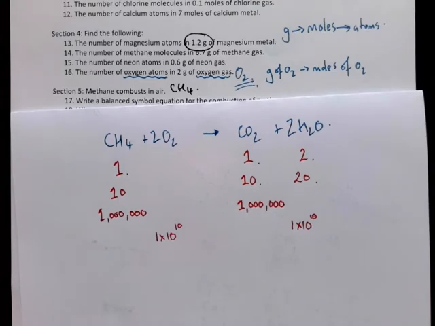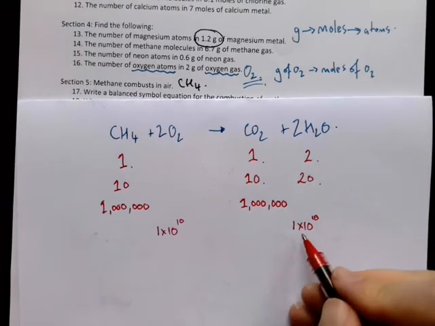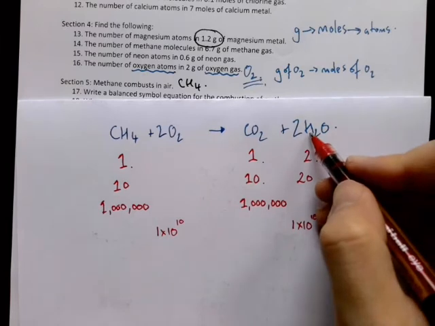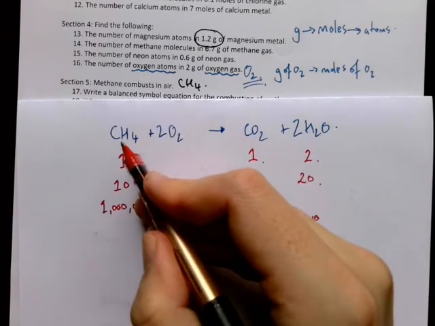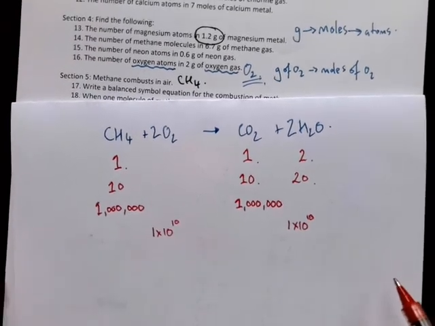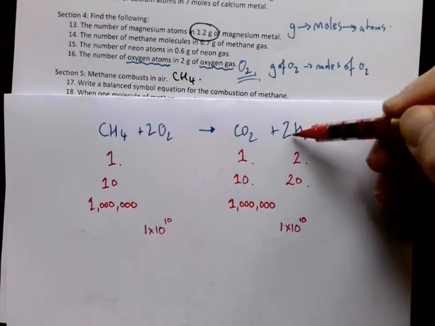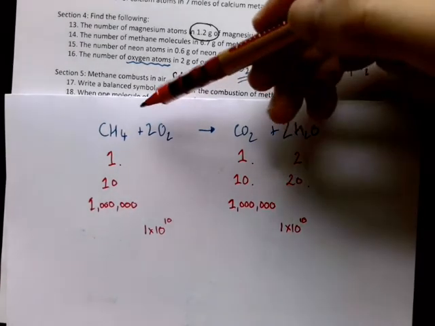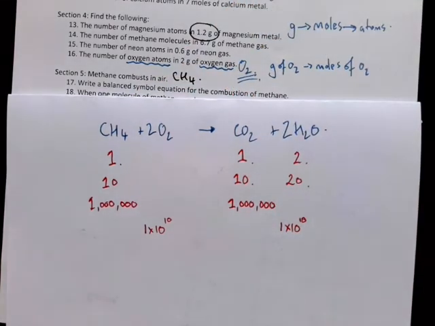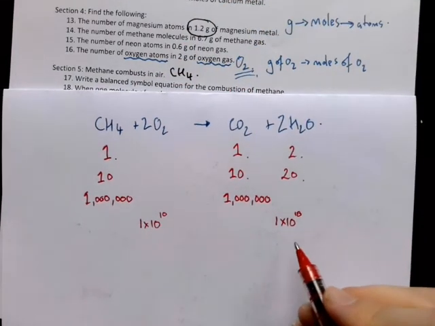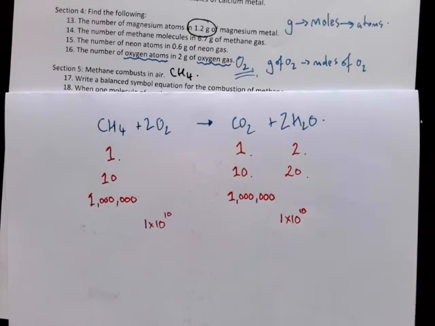Now I can ask, if I've made 1 times 10 to the 10 water molecules, how many methane molecules did I start with? Well, you can see that for every 2 molecules of water that I make, I started with 1 molecule of methane. So all I need to do to work out how many molecules of methane I started with is just divide this number by 2.